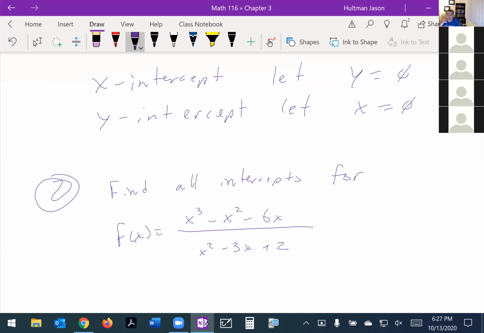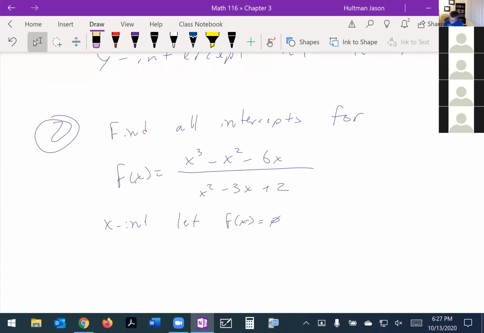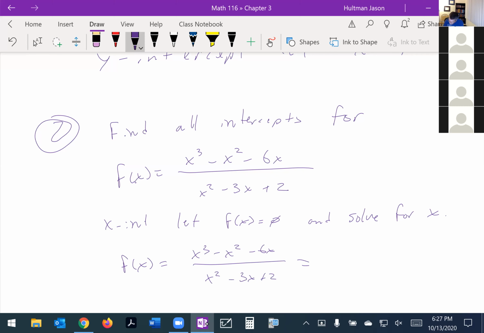To find them, we let the function equal 0, let y equal 0, and solve for x. That'll give me my x-intercepts. So f of x equals x cubed minus x squared minus 6x all over x squared minus 3x plus 2 is equal to 0.